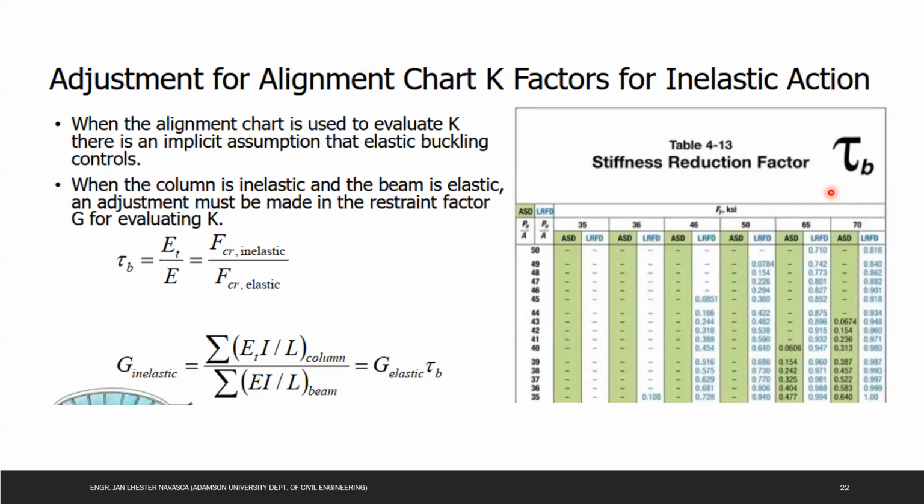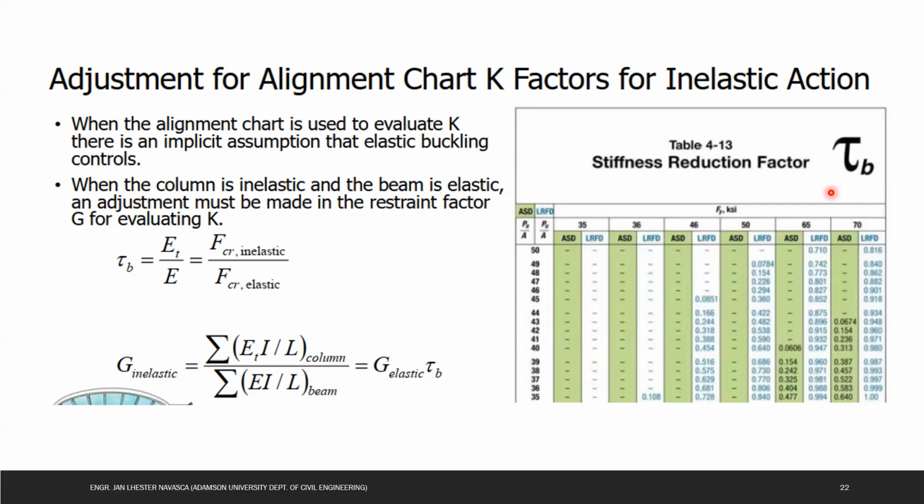Okay, so there is also an adjustment for alignment chart K factors and inelastic action. This is given in the AISC Table 4-13. The alignment chart is used to evaluate the K, so there is an implicit assumption that elastic buckling controls.